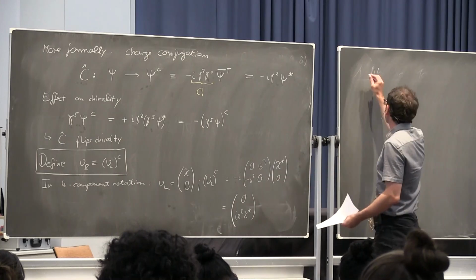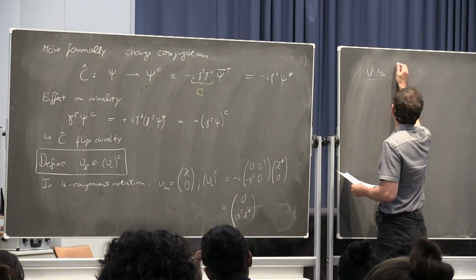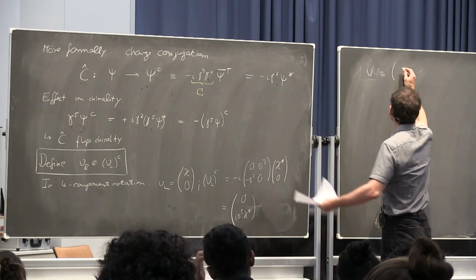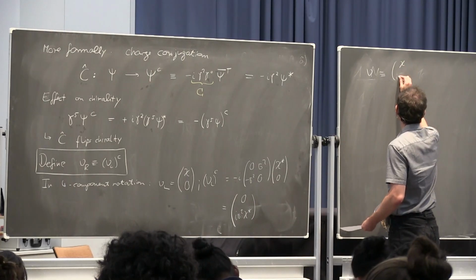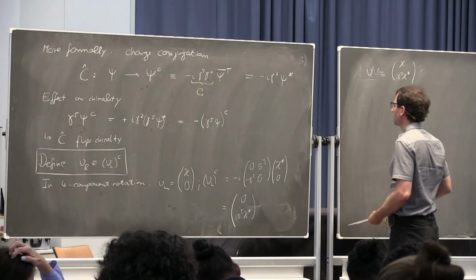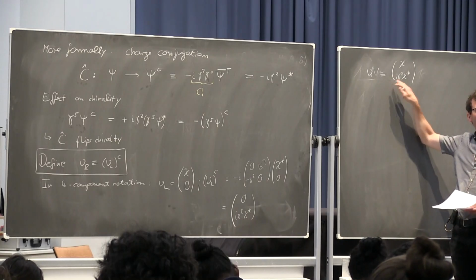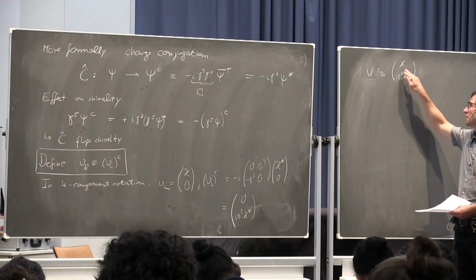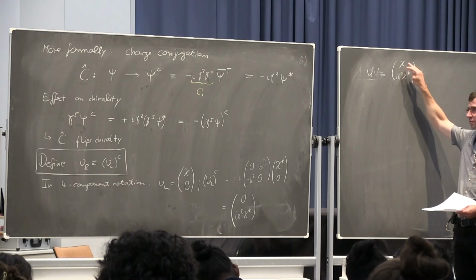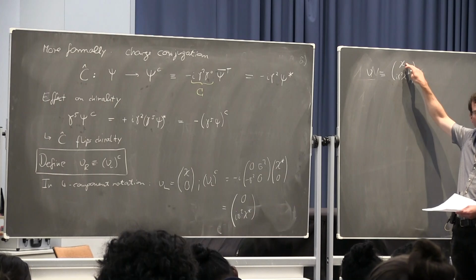And now we can define a four-component spinor nu as the one that contains nu left in the upper components and i sigma 2 chi star in the lower components. So that's now a four-component spinor, but with only 2 degrees of freedom, because chi contains only 2 degrees of freedom, and the bottom two components here are not independent of the upper two components.